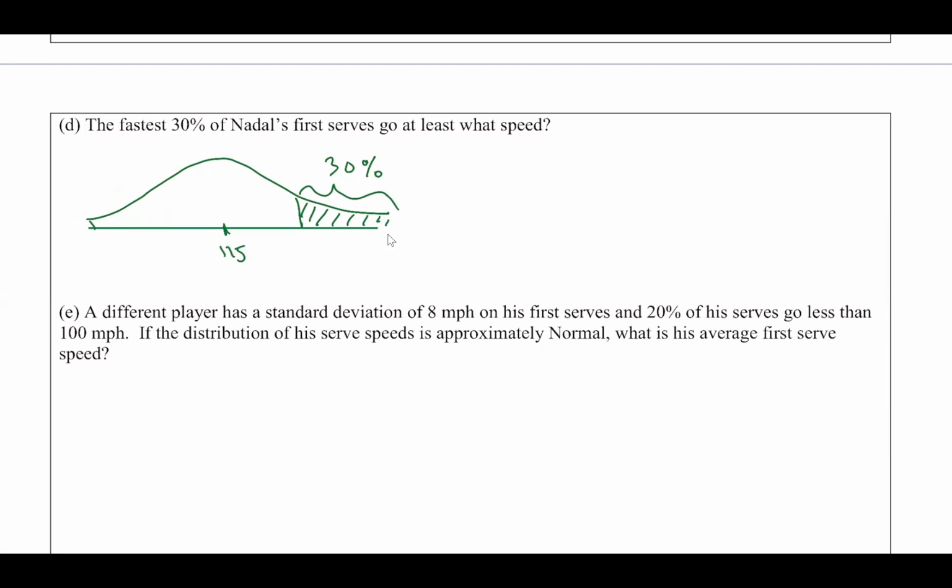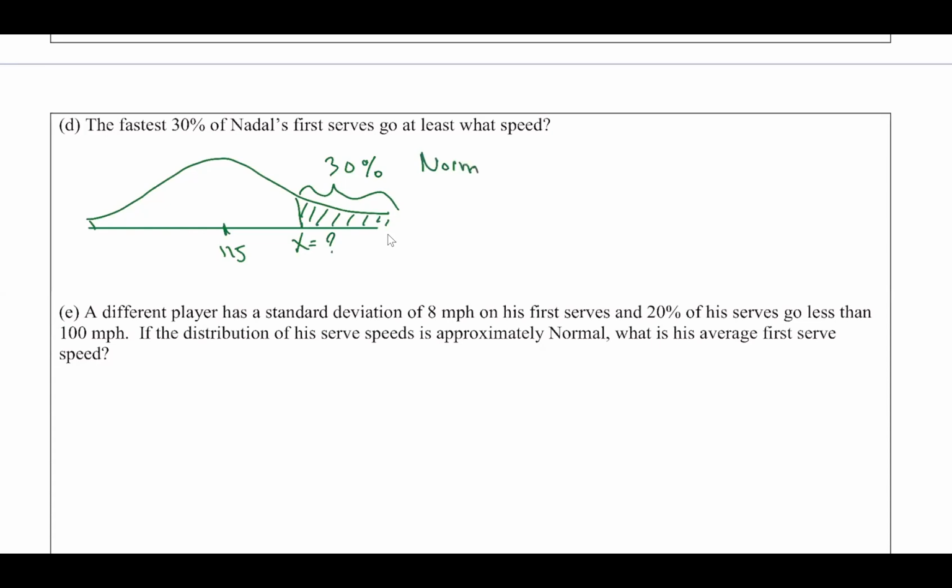So what we have to do is find what this X value is that goes here. You should already have something telling you that since X is to the right of 115, X should be a number bigger than 115. So let's write out how we'll do it in class calc.